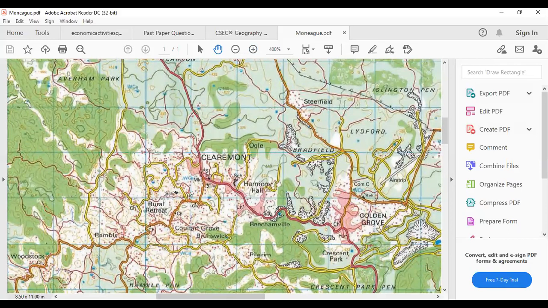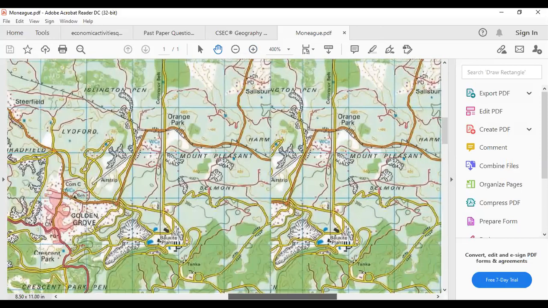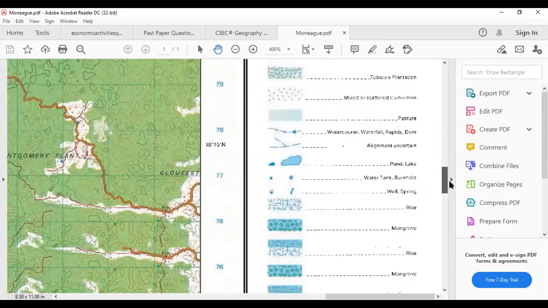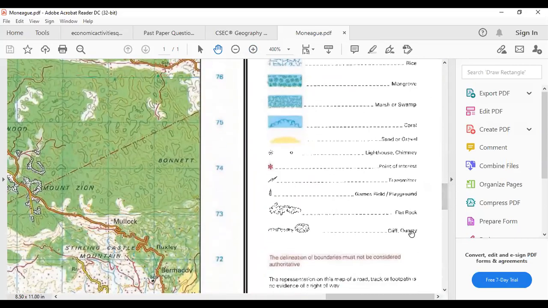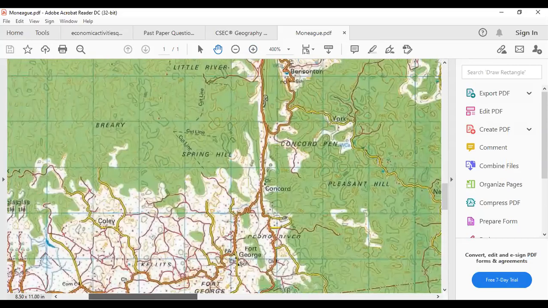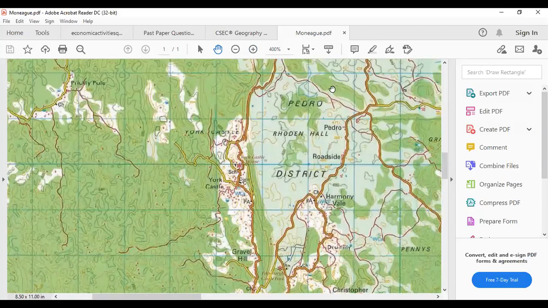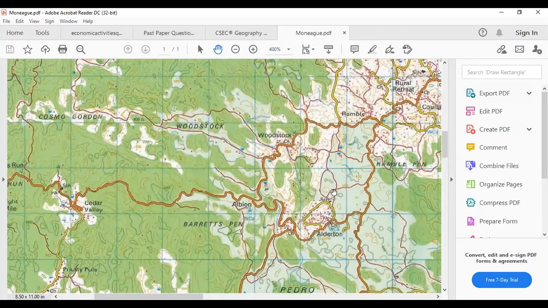It is quarrying. Quarrying, and you will see it in your map in the key. So look at it here. In the key, you would see here cliff, quarrying. So that tells you that the economic activity there is quarrying. So very good. We see the main dominant thing there is quarrying.